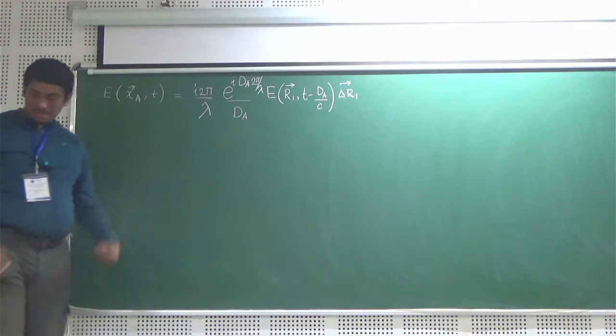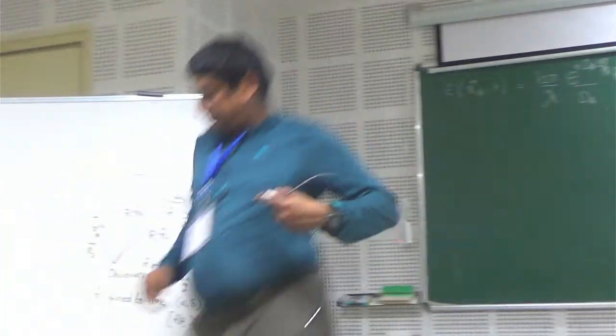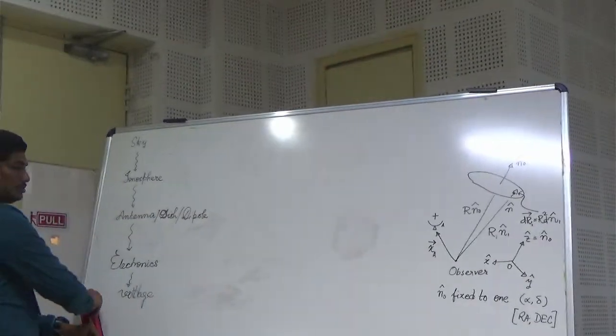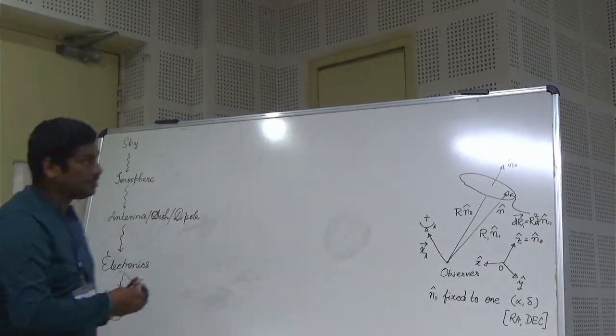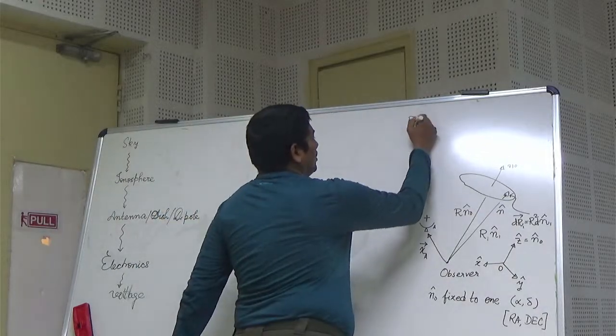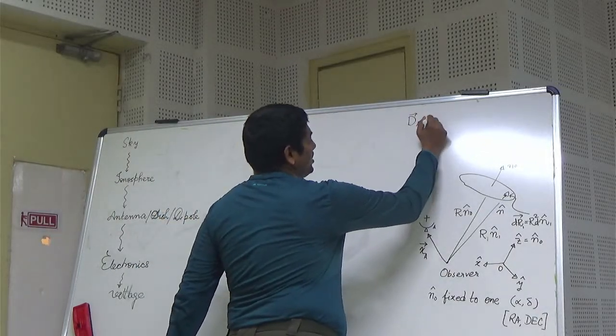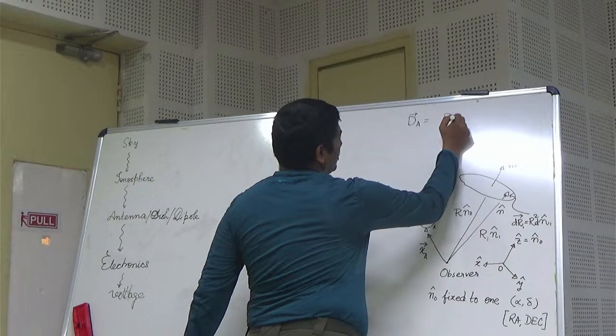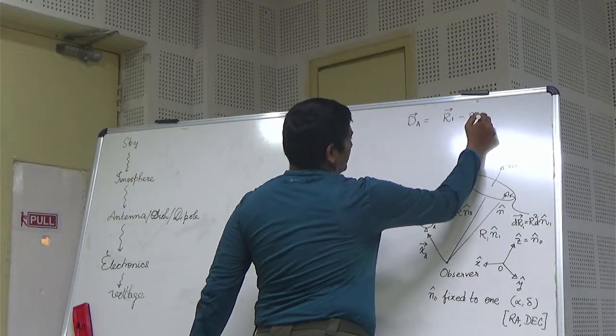Let me write down what dA is here. What is dA? Here the vector dA is R1 minus XA.